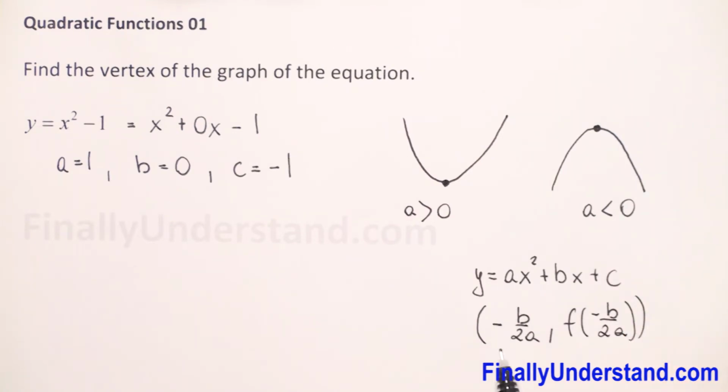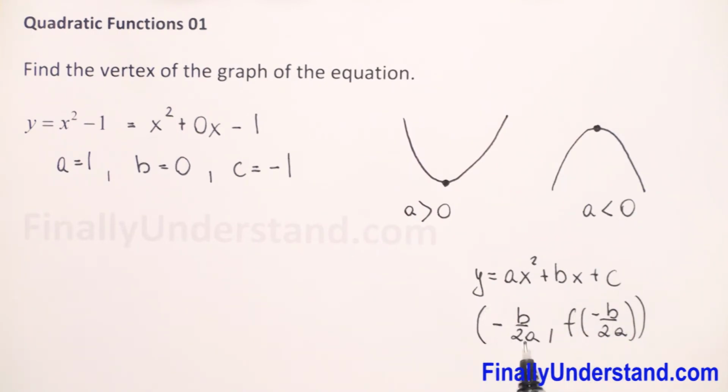So we see that to find the coordinates of the vertex, we need to have b over 2a, because it repeats for the x-coordinate and for the y-coordinate. When we have it, we can find the x-coordinate. When we have the x-coordinate, we can calculate the y.